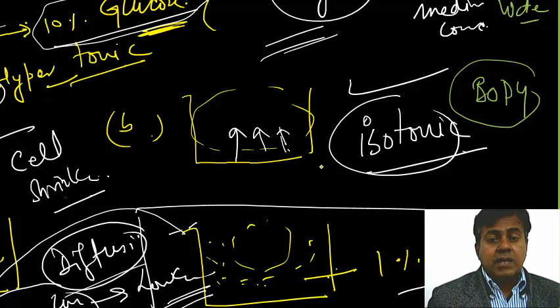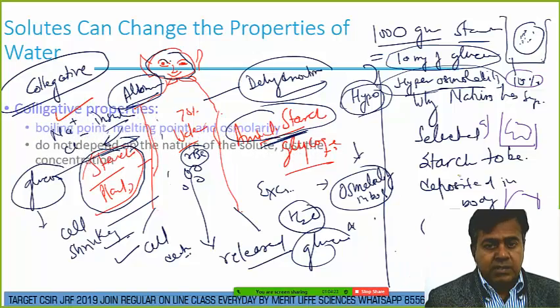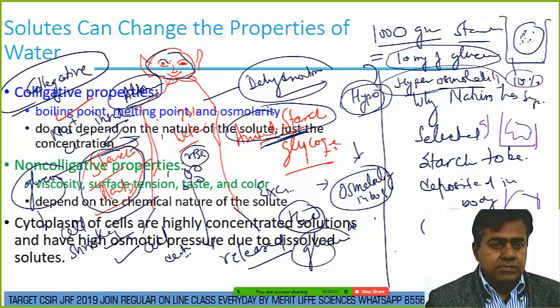And then there was a discovery of colligative property, because all these phenomena is going to follow a principle. And what is that principle? What is that single principle? Tell me.